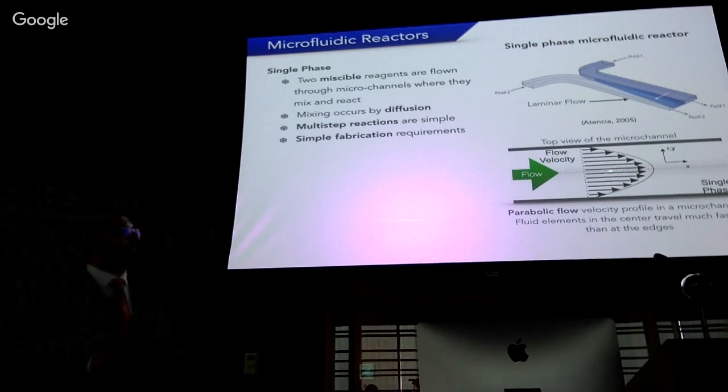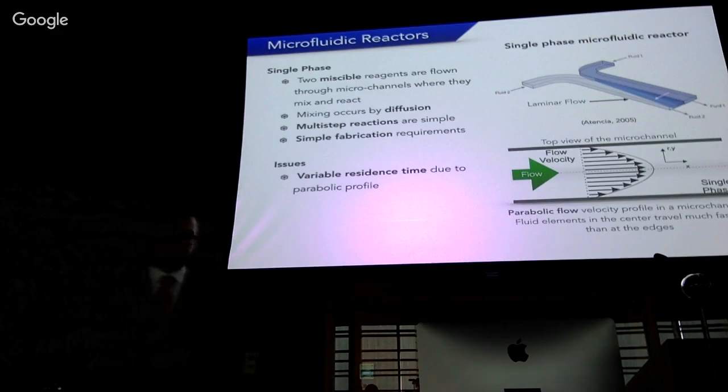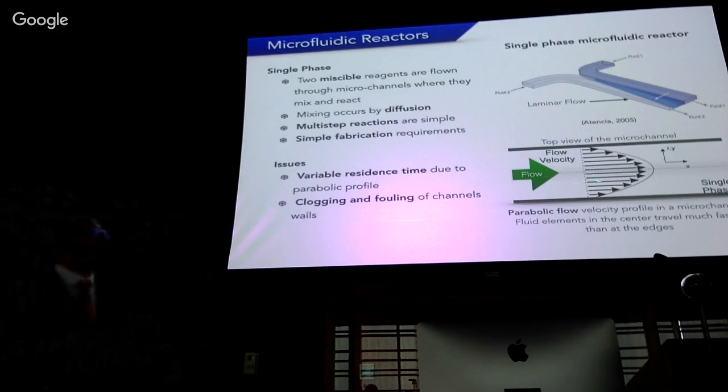So fluid elements that are in the center will travel faster than the ones at the edges. This brings problems with the residence times if you want to use this for chemical reactions. And then you can have clogging and fouling of your devices because some byproducts of your reaction may get deposited on the channel walls.